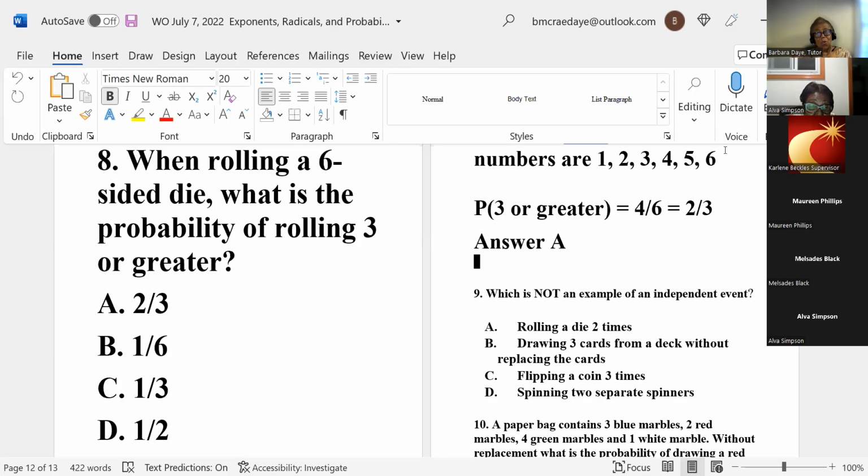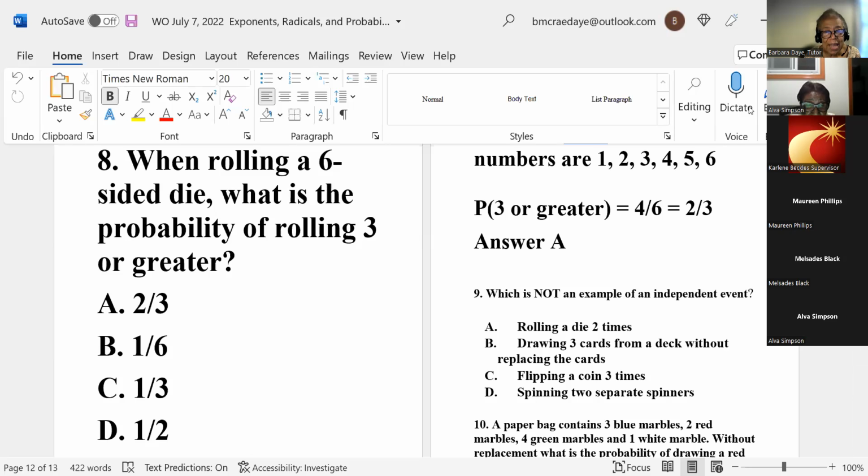If you don't replace the cards, then those are dependent. What you get on the second draw is dependent upon the cards you have taken out from the first, because now you have fewer cards. So B is the dependent one.